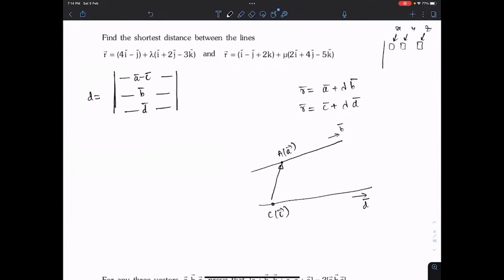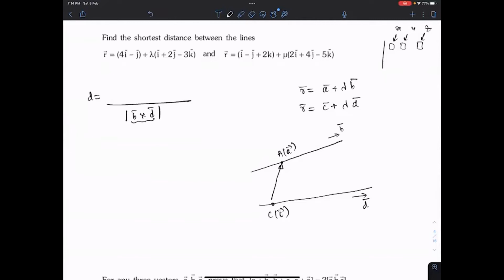But I will tell you, you should be able to do it much faster if you calculate the denominator first. What is the denominator? It is the modulus of b bar cross d bar. Now to calculate the denominator, you need to calculate b bar cross d bar.